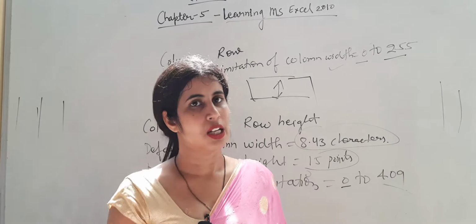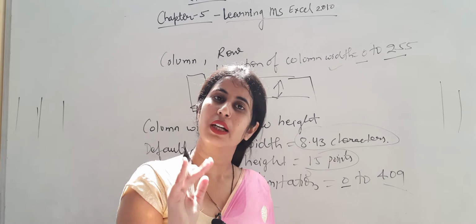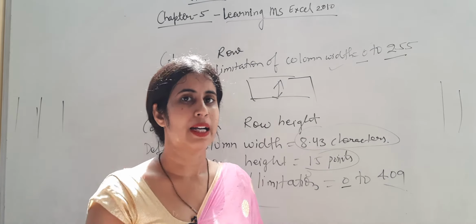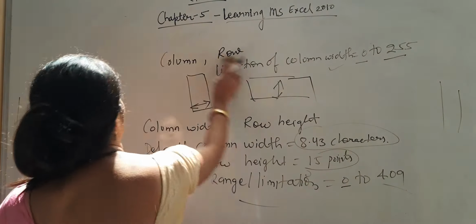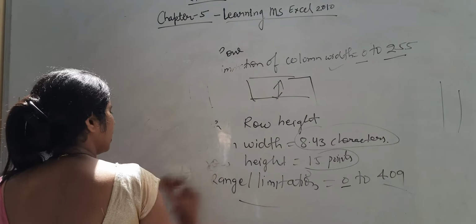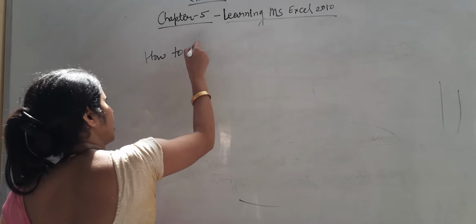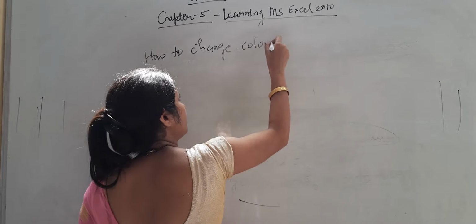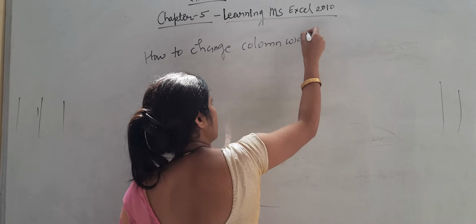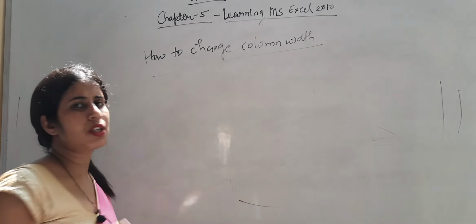So how can I change it? Means how to change the column width and how to change the row height. For this we should follow a few steps, and it is very easy. First, how to change column width.